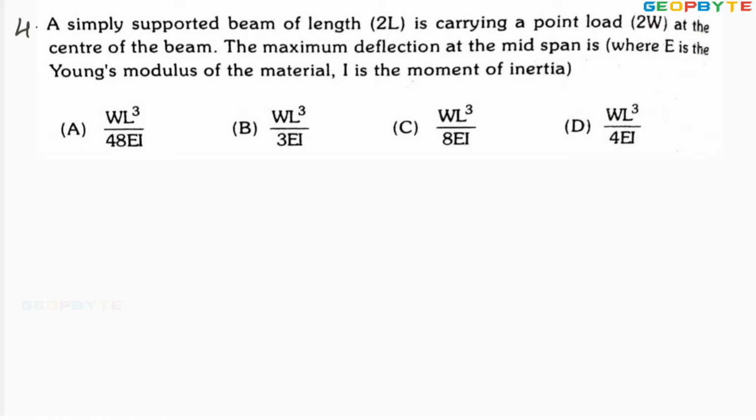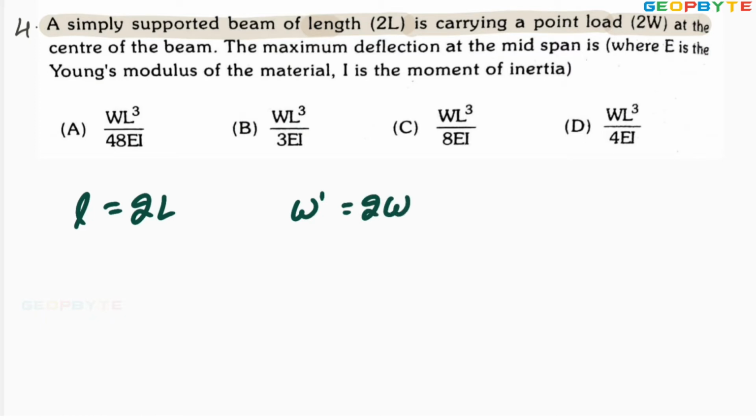Read the fourth problem. A simply supported beam of length L equal to 2L is carrying a point load, let it be W dash equal to 2W, at the center of the beam.